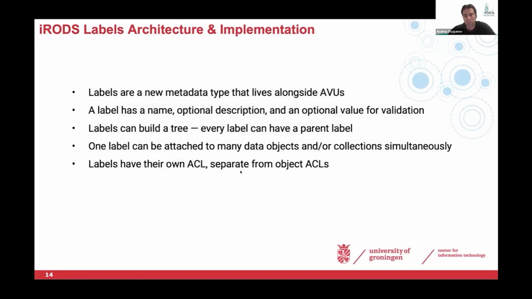If we take the value as a large JSON, we can also put the validation schema right alongside it. Also, labels can be architected as a tree, so you have a main parent label, then sub-labels, etc.